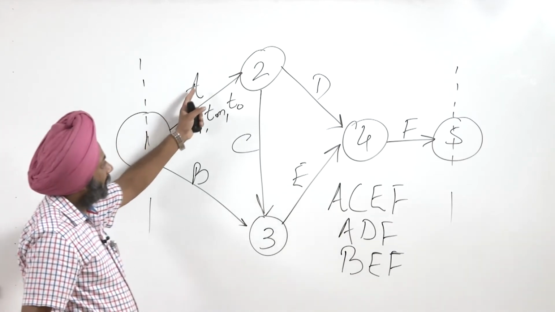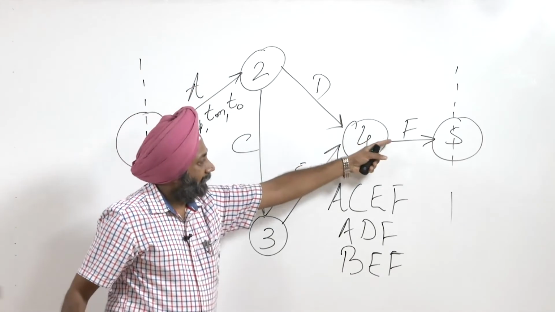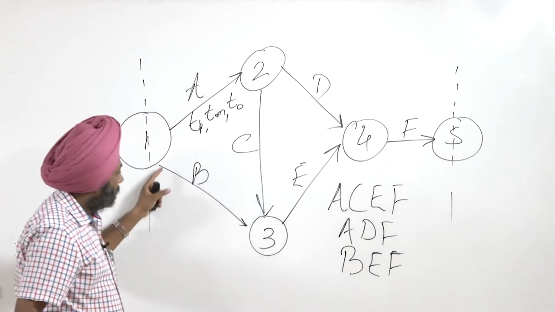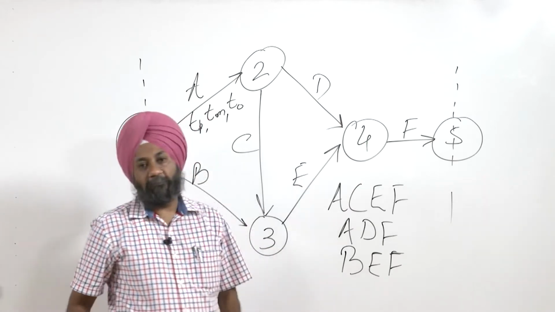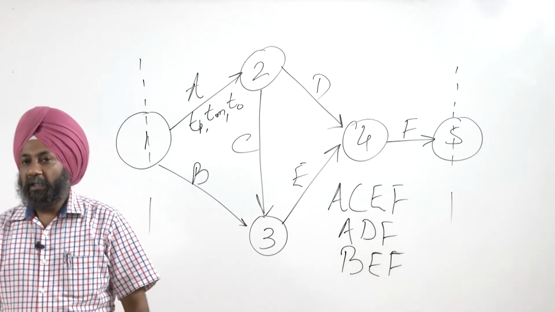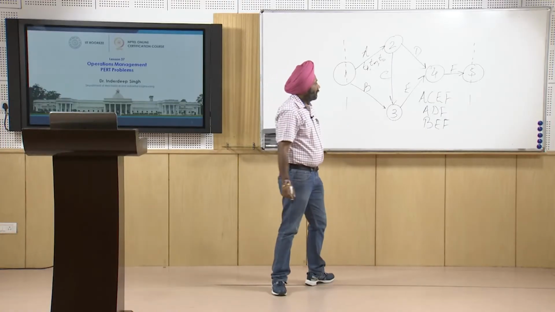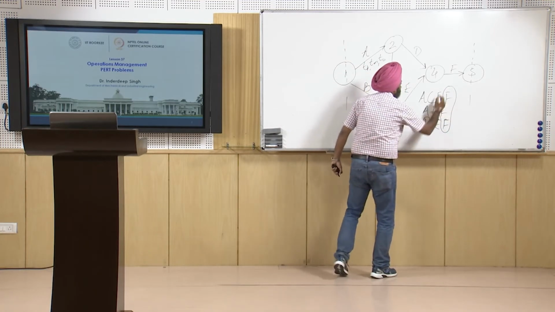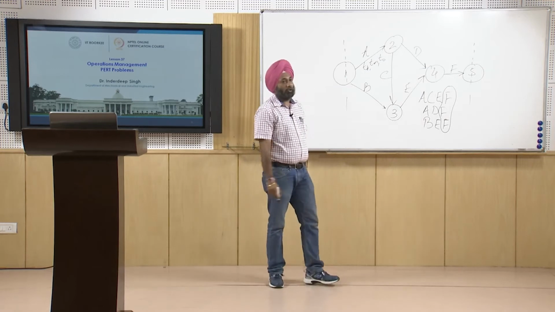So there are 3 paths only available in this network, and you can see that activity F is on all the paths.